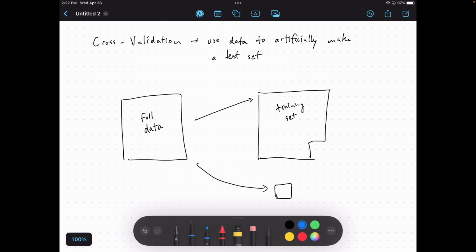And then here we'll have something like this. This can be our test data. Essentially what we're doing here is taking a piece of our training set out, calibrating your model on the rest of the data, and then testing it on this.